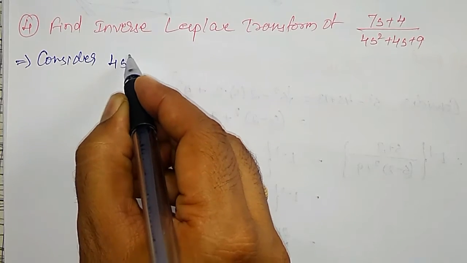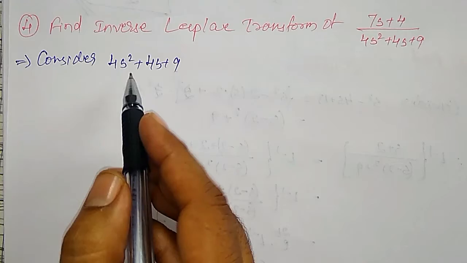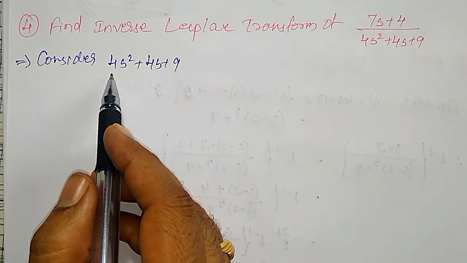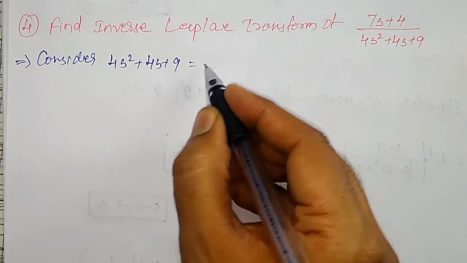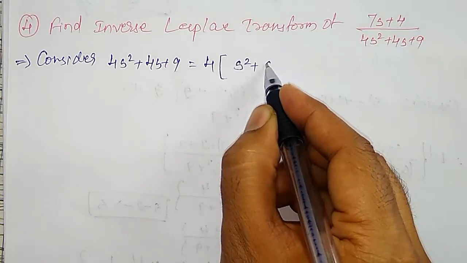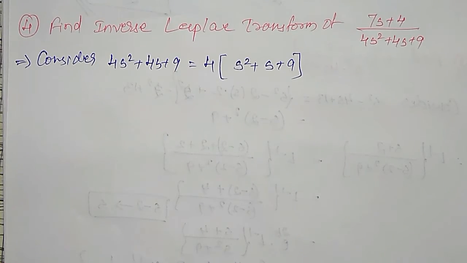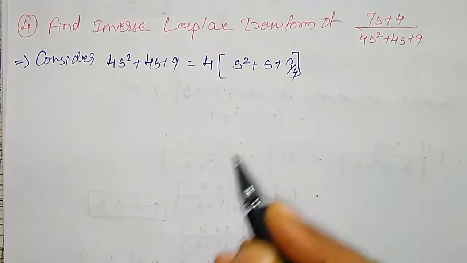Consider 4s square plus 4s plus 9. First of all, s square coefficient I will try to make it as 1. That is, I will take a 4 common. 4 into bracket s square plus s plus 9 by 4 it has become.